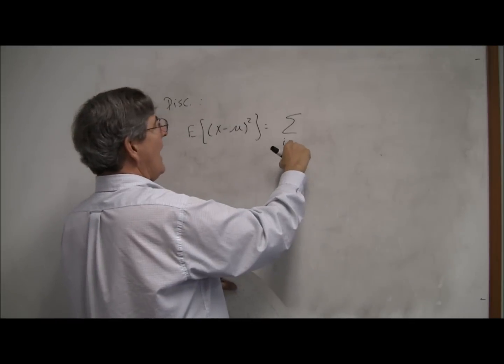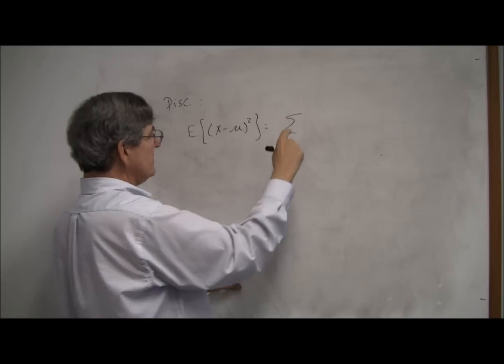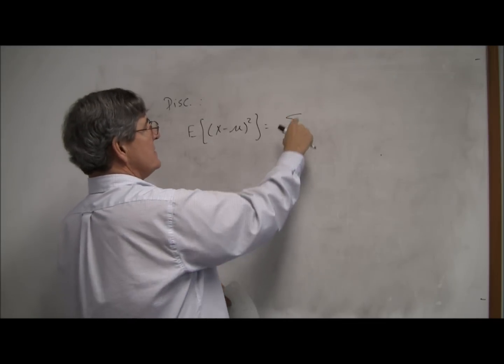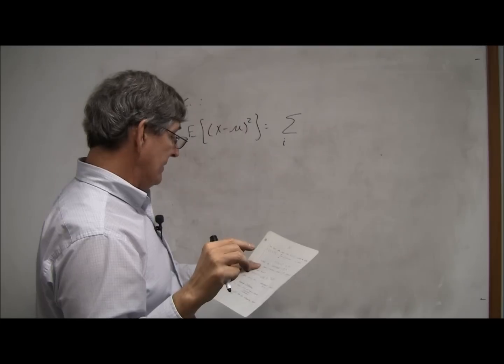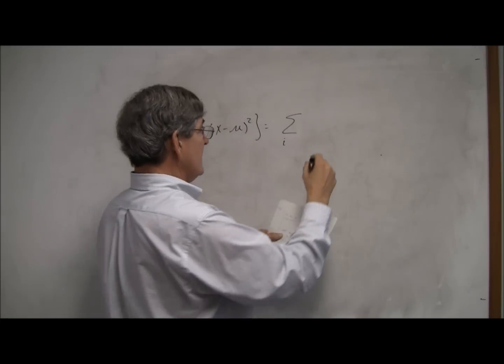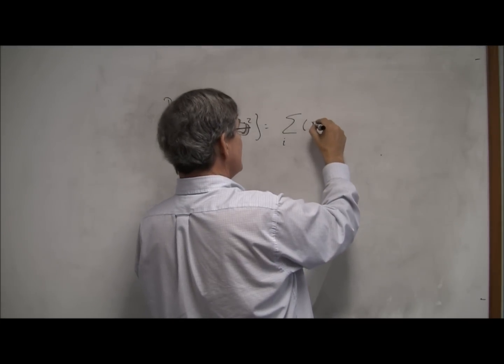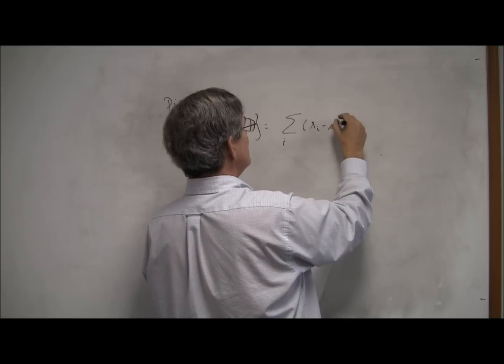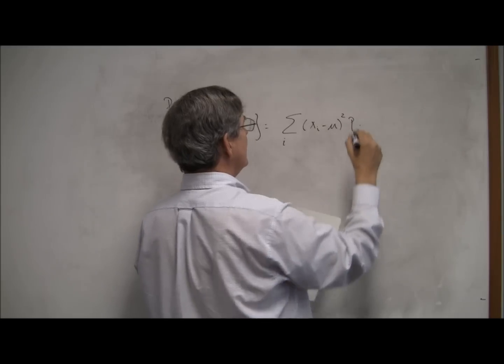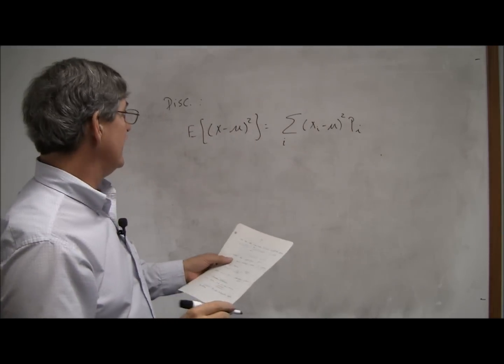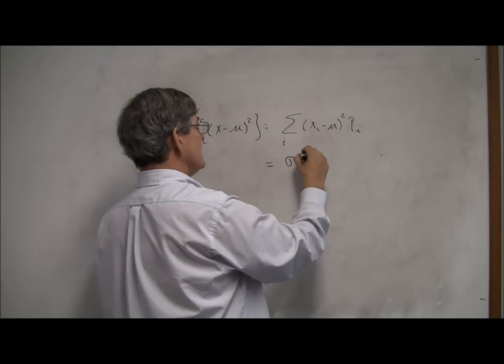For a die, I would go from 1 to 6. For the coin toss, it'd go from 0 to 1. These are just all the discrete outcomes that we're summing over, times xi minus mu squared times the probability of i. And again, that's sigma squared x.